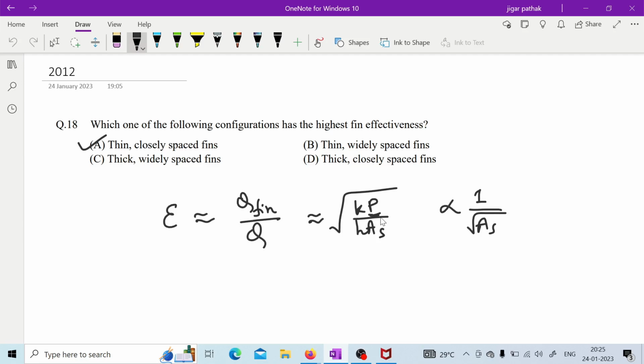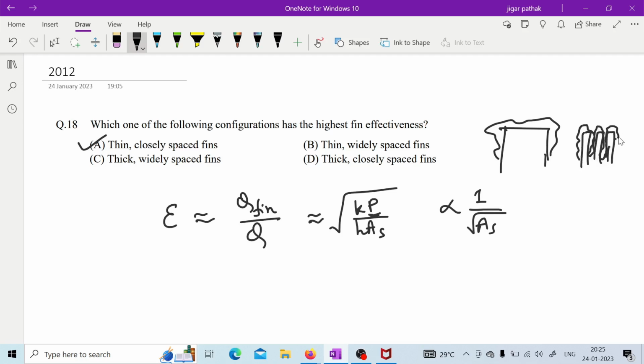But if it is thick and closely spaced, due to thick fins we will have more perimeter? No. Thick means the area will be higher, right? In the case of thick, if you consider this as a fin, and this as a fin in place of this, the perimeter is only this much, while here the perimeter is this much, and all this surface area is going to be considered.